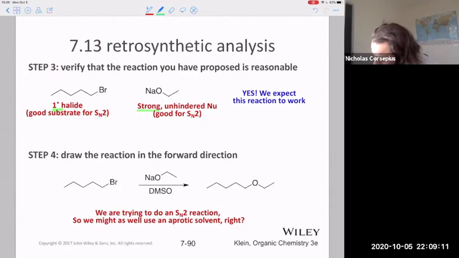And then we have a strong, sterically unhindered nucleophile, so that's also good, right? So just to double check. And then you simply write your reaction in the forward direction, set up your reaction. Here, another consideration: if we're doing an SN2 reaction, then we might as well use a polar aprotic solvent like DMSO, because we know that that's good for SN2 reactions.